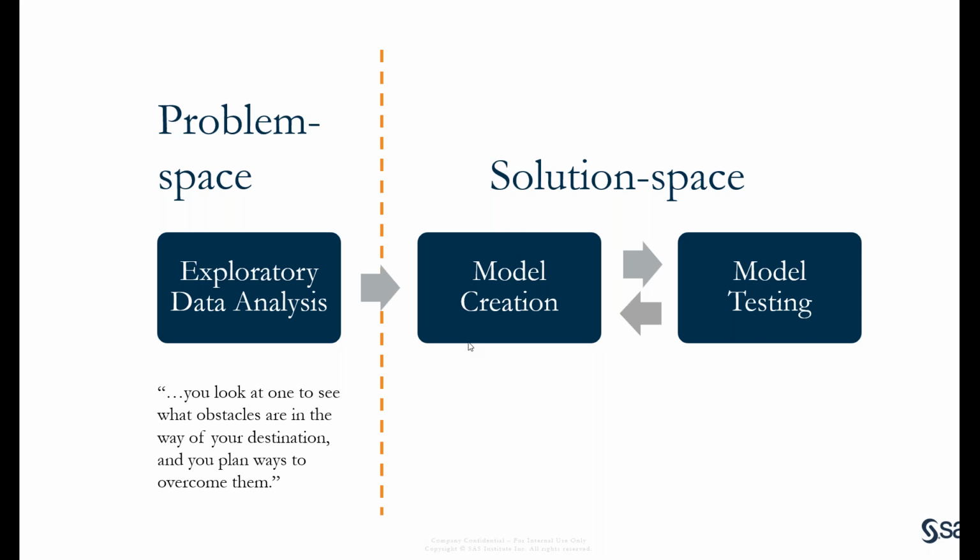Like in the book, you look at a map, you look at the problem space to see what obstacles are in the way of your destination, and you plan ways to overcome them. The problem is when you never move from that problem space to a solution space, when you don't take the step and begin to grapple with the very difficult challenge of creating models that could answer the questions that are important to us, questions about general risk.